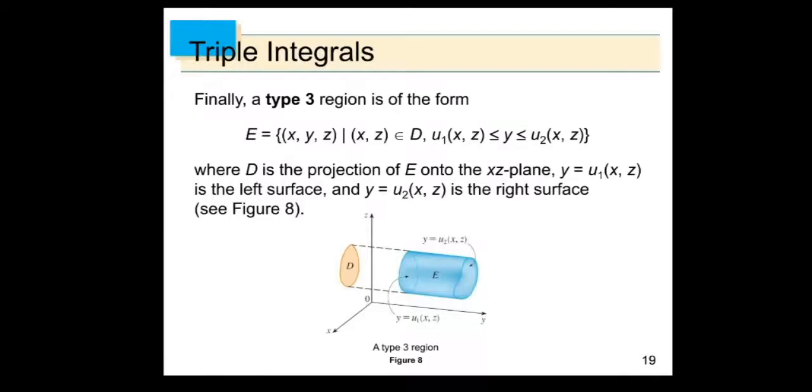Y equal to u1 is the left surface, and y equal to u2 would be the right surface. As you can see in the figure over here, this is the type 3 region, and we can see our left and right surfaces, u1 and u2 respectively, and we have our projection D over there.